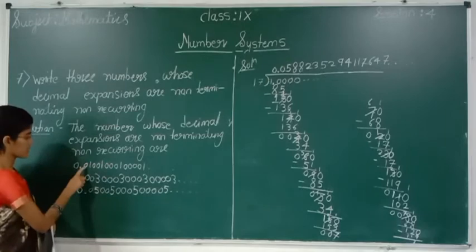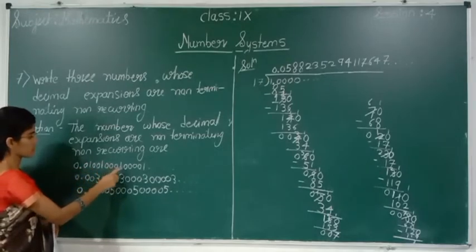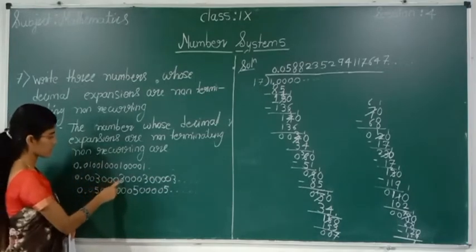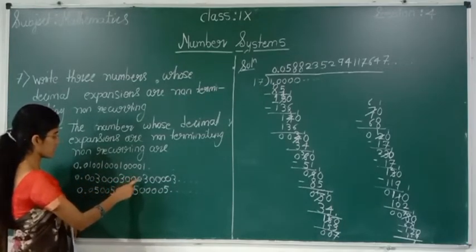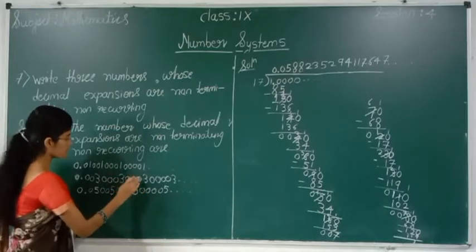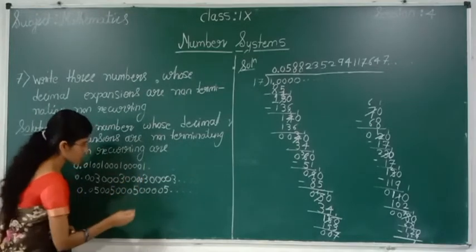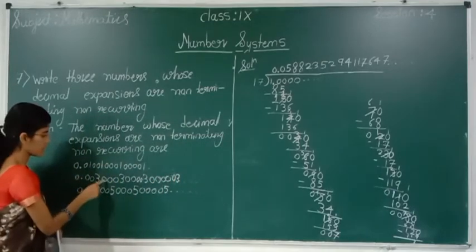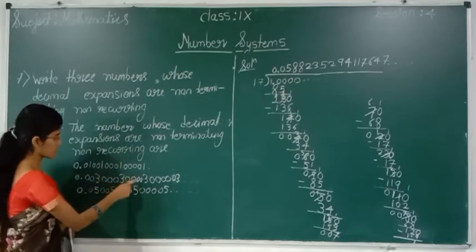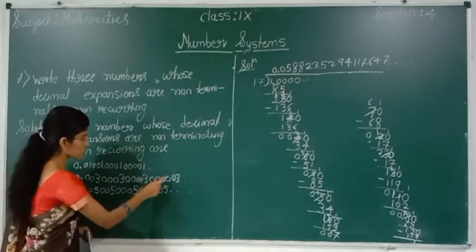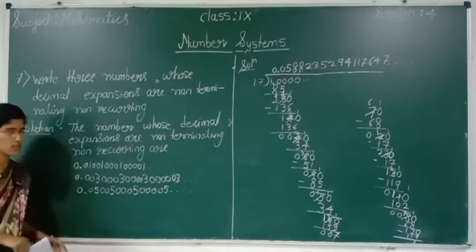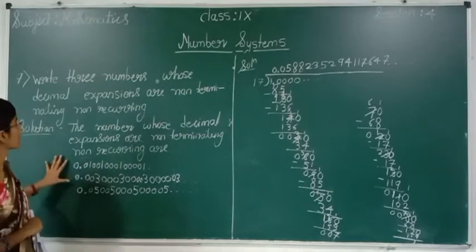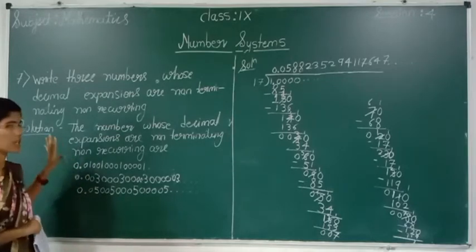See here 0.01001000100001. Then 0.0003000300003, and you can write 0.00030003000003. Okay, you can give whichever example you want. These are nothing but non-terminating, non-recurring.